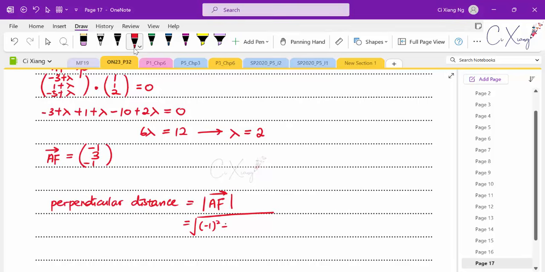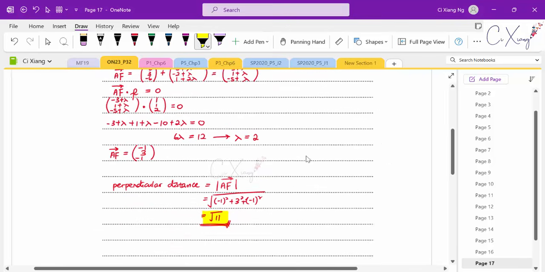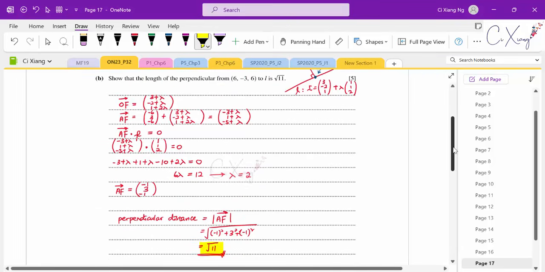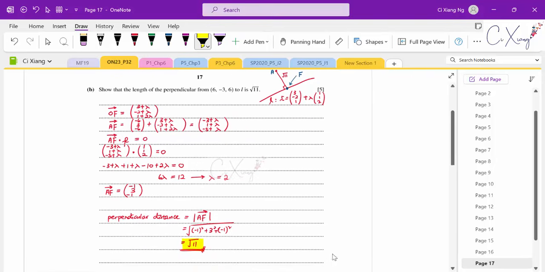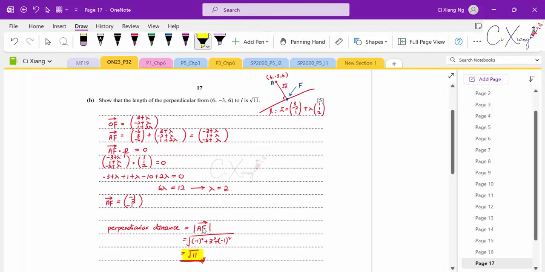It is 1 square plus 3 square plus -1 square. So from here, I think it is quite obvious. You can see that your final answer should be equal to square root 11. All right, so this is how we solve question number 10b. So to find the perpendicular distance, basically I'm using this method where I can see every single step clearly, like what I am going to carry out.